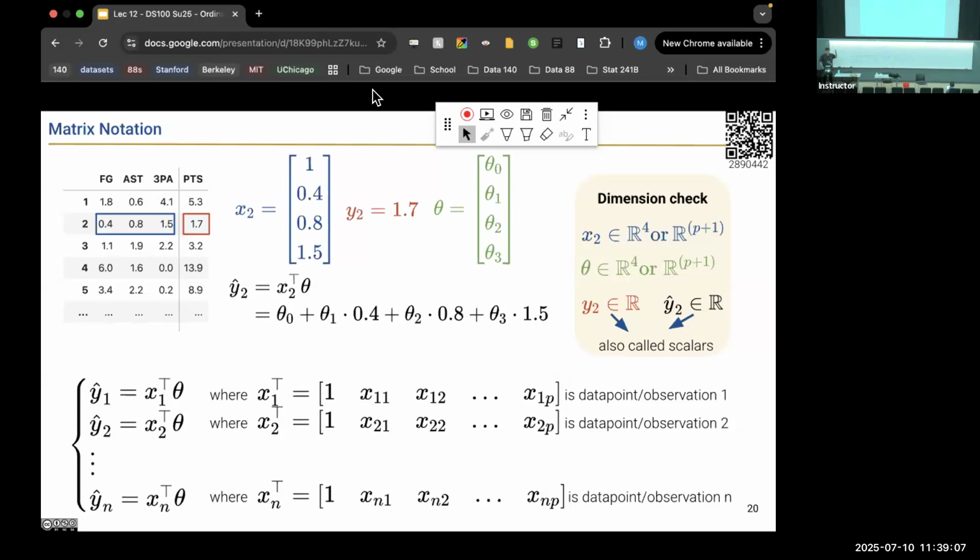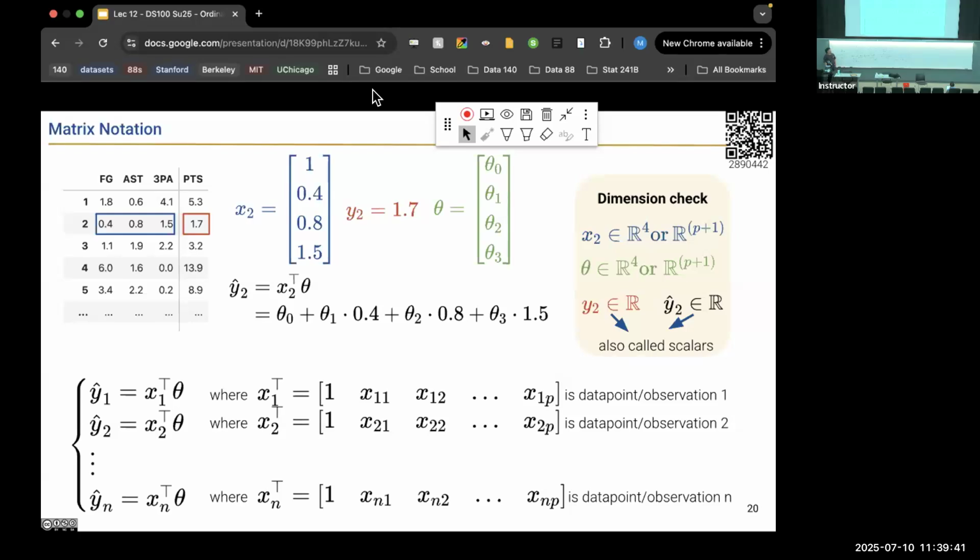They're all real numbers as well, we just don't know what they are yet. y2 is a real number, and y2 hat is also a real number. Those are single numbers, also called scalars, as opposed to vectors. But when you're working with matrices and vectors, you can always think of a scalar as a 1-by-1 matrix. Sometimes it makes things a little easier to think about.